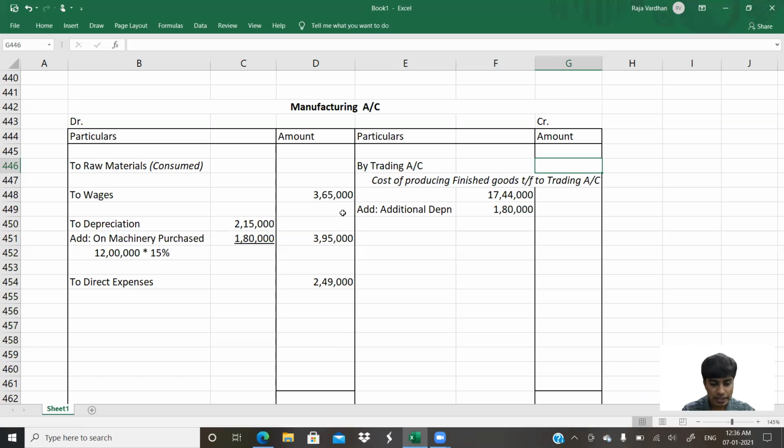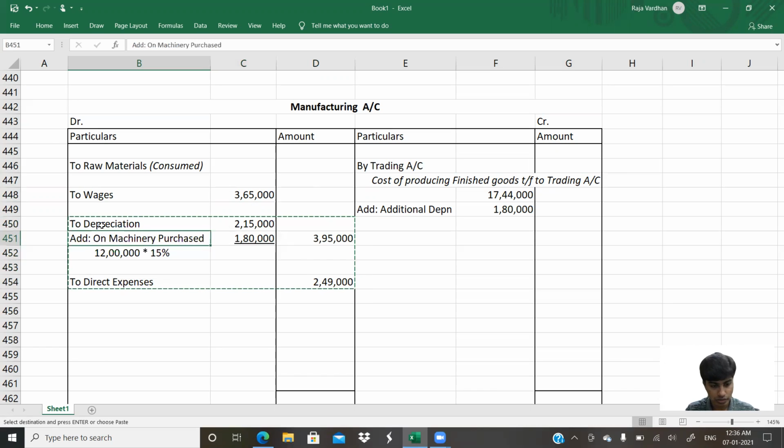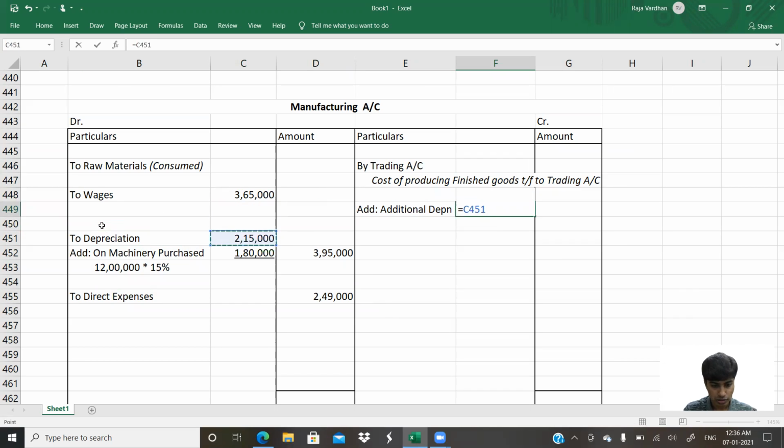So what should I do? This 3,65,000 is overcasted. So what do I do now? I would have to subtract it. So first I'll put it in the inner column. 3,65,000. Shall we reduce it now? One column below. Everything's fine. So now what is it that I should do?